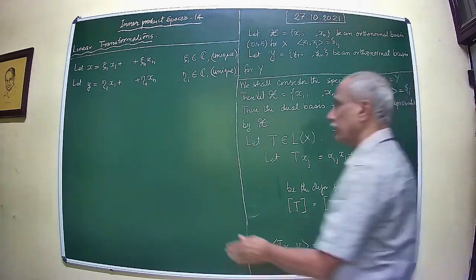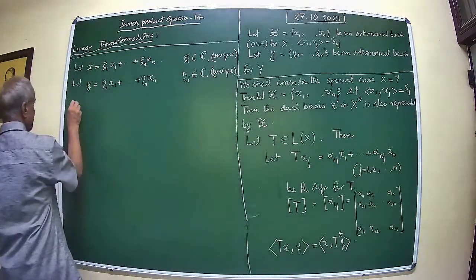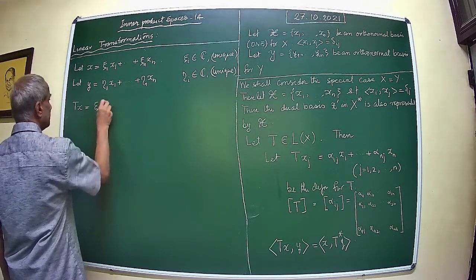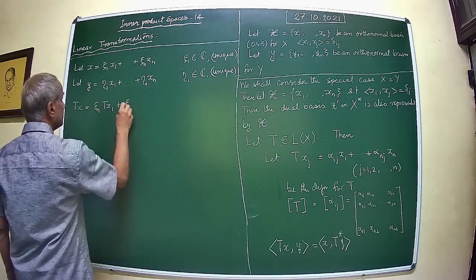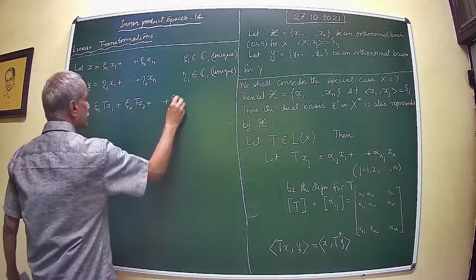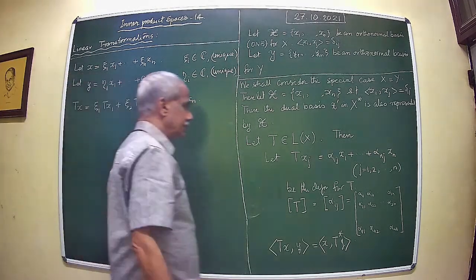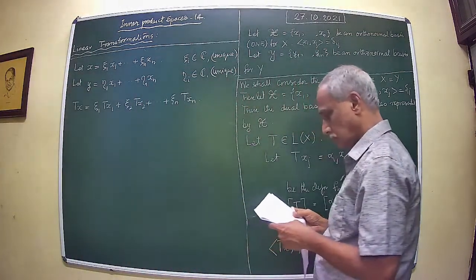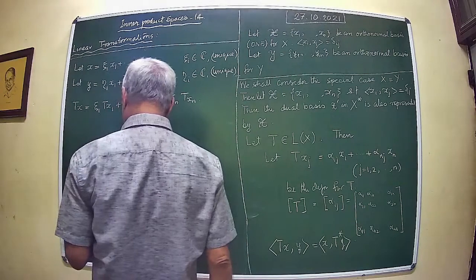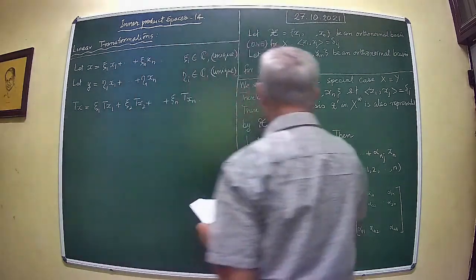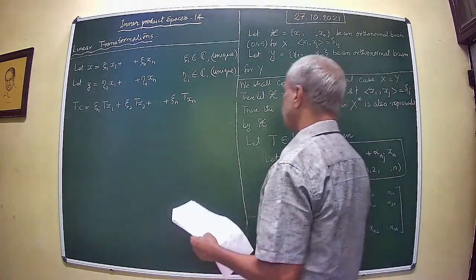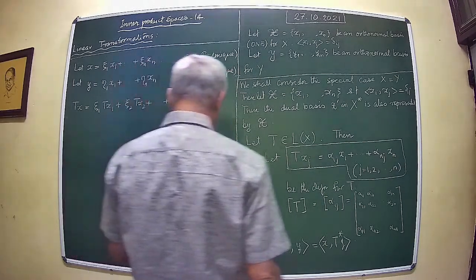Now let us write down what Tx is. Because T is linear, Tx is this. Now we use the representation for Txj.